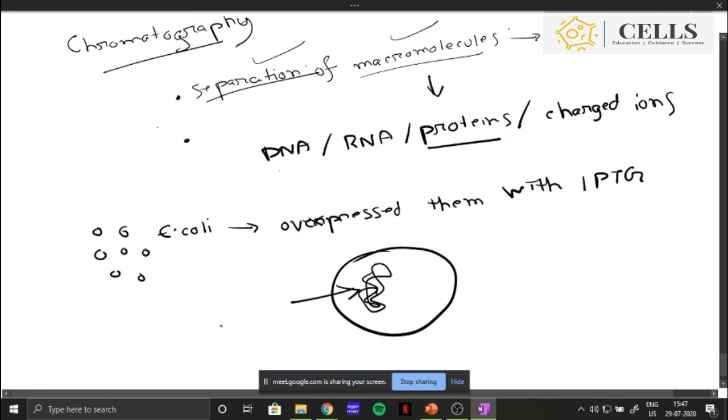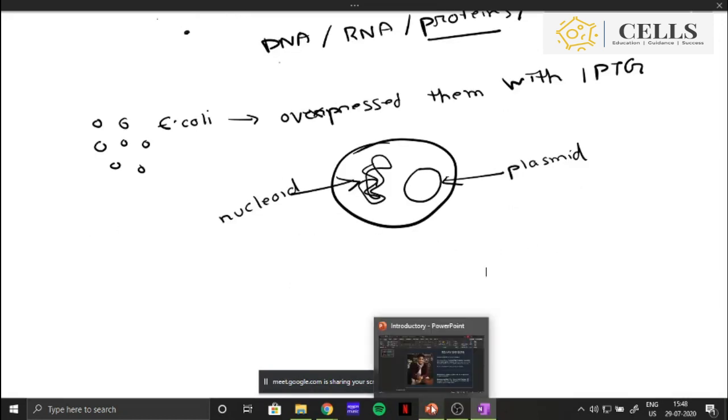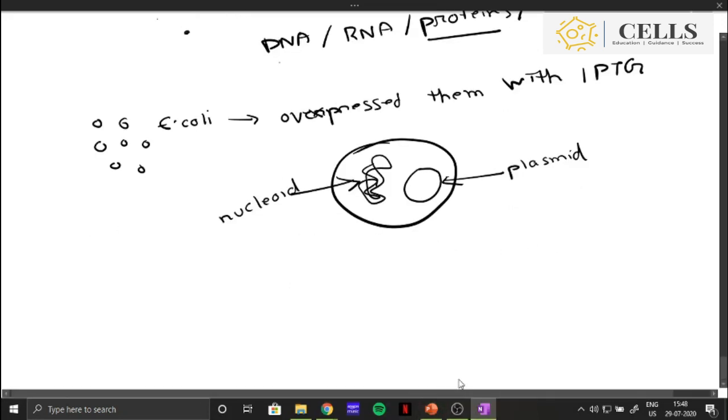This is the nucleoid. You have a plasmid here. This plasmid has your GOI. What is GOI? It's the gene of interest.